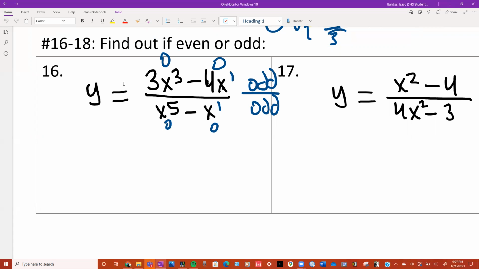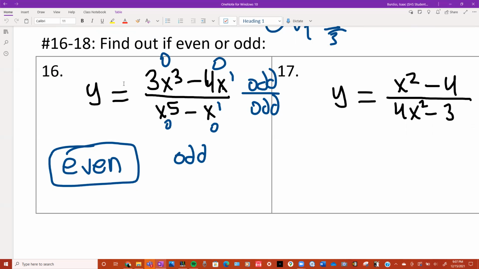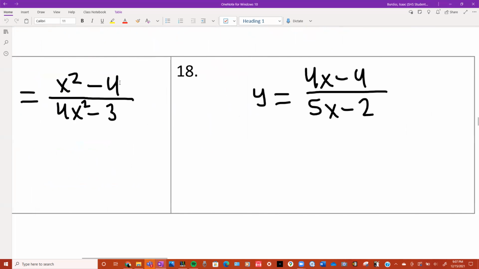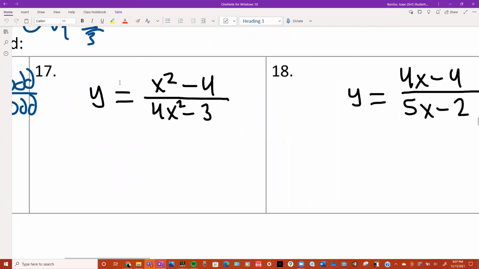Just like if you have a negative divided by a negative, that's a positive. That's even. Even though you might think it's odd, odd divided by odd is even. The only time you have odd as your answer is if it's odd divided by even, or vice versa, if they're different. So if they're the same, even, different, odd. All right, number 17, we really have an exponent of 0 here.